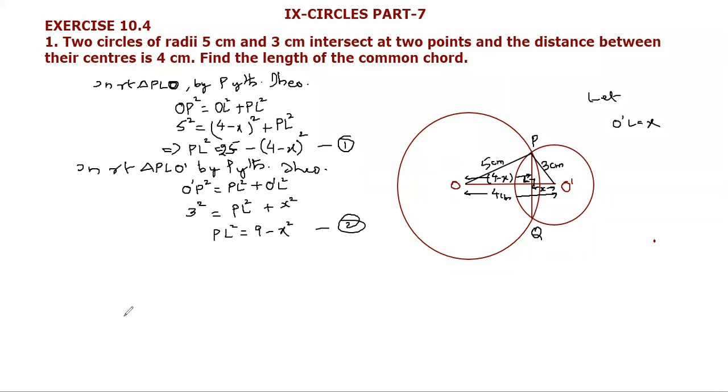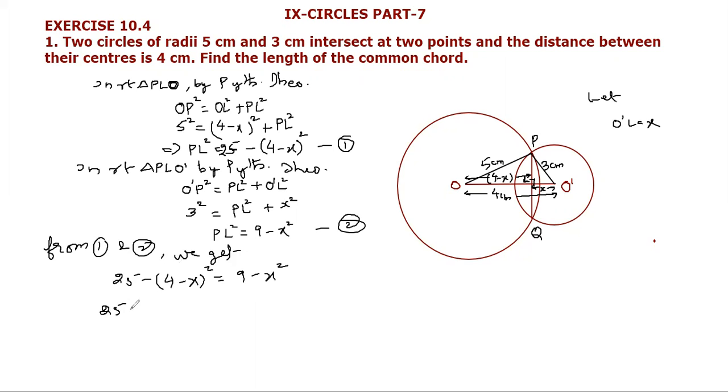Okay, now first and second both are giving the values of PL square, so we can equate. So from first and second, we get 25 minus 4 minus x whole square is equal to 9 minus x square.